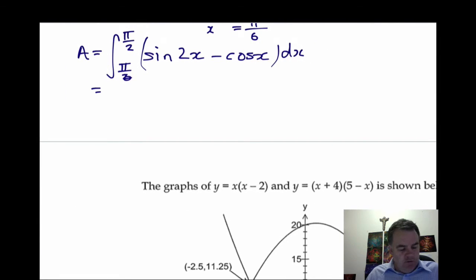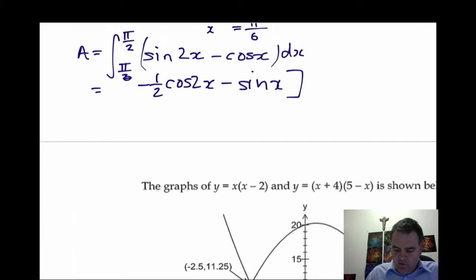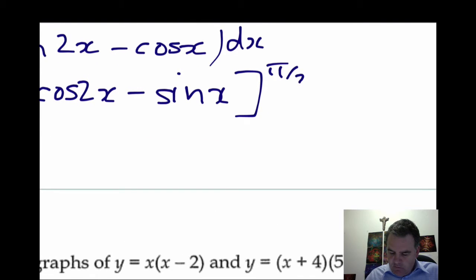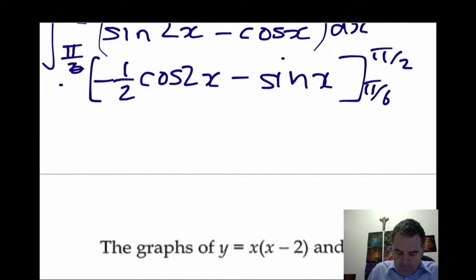Okay, here we go. So the integral of sine 2x is negative a half cos 2x. The integral of negative cos x is just going to be negative sine x. And that is all between pi over 2 and pi over 6. So we now substitute in. So I've got negative a half cos pi minus sine pi over 2.